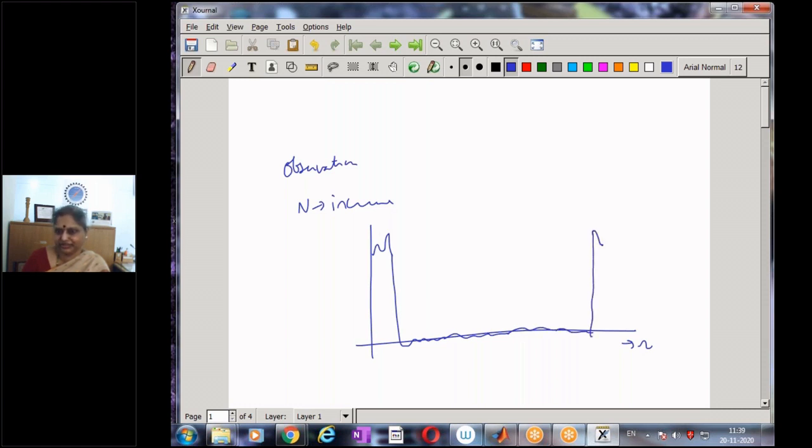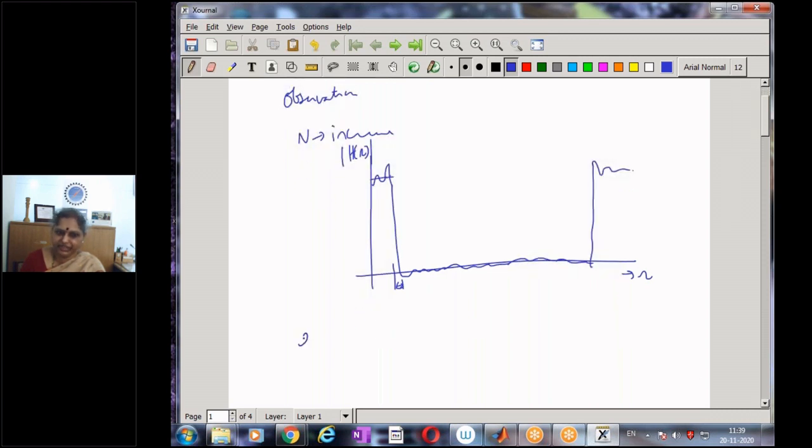And this transition band reduces with increasing order, and the error reduces. If I define error as the difference between the designed and the desired response, the error also decreases because the energy in the ripples decreases.